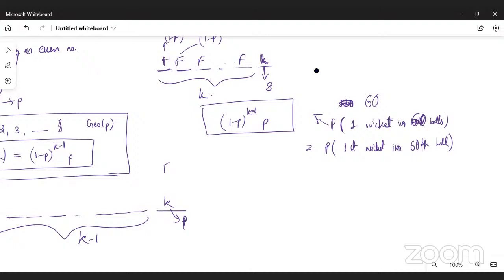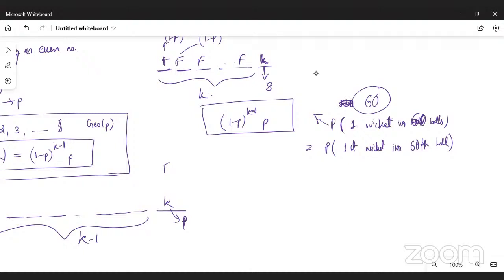No, let's say it is 60 overall. In the first case you are finding the probability that just one wicket will be taken in 60 balls. In the second, you are finding the probability that the first wicket will be taken on the 60th ball. So the probabilities will not be the same; they will vary.